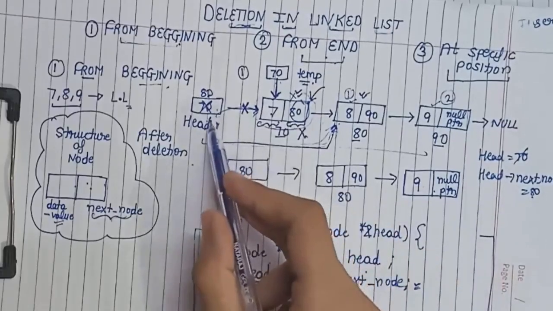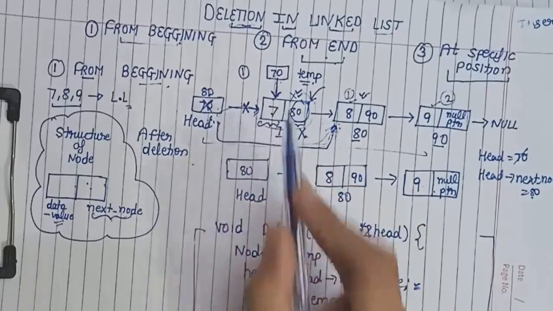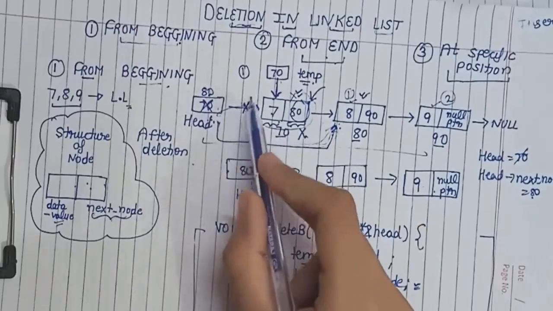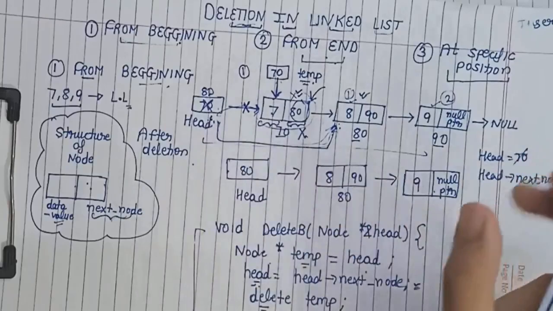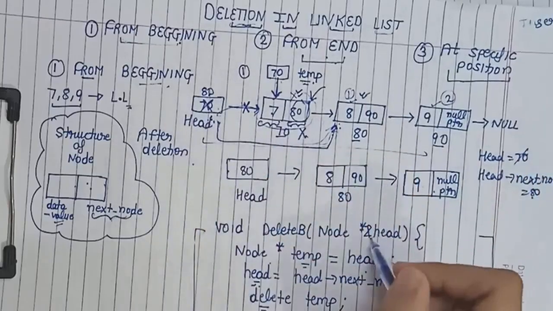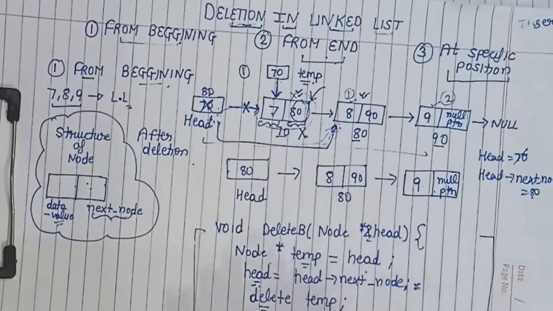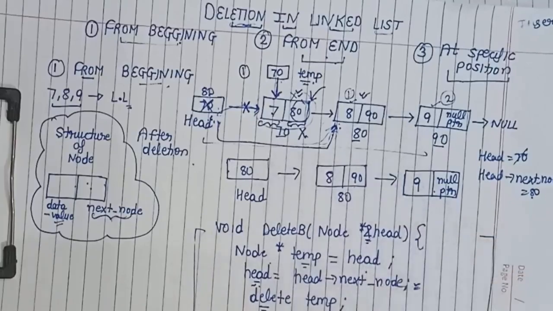We have made our head pointer point to the second node instead of the first node. We have broken this link and connected this particular link. Since we are changing our head pointer, we need to pass it by reference, not by value. So you need to mention this operator here so that you can do pass by reference.